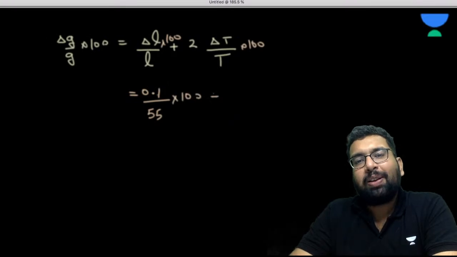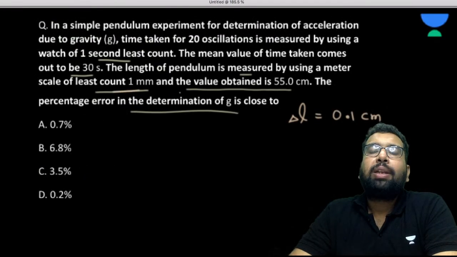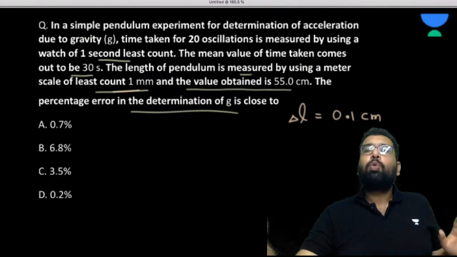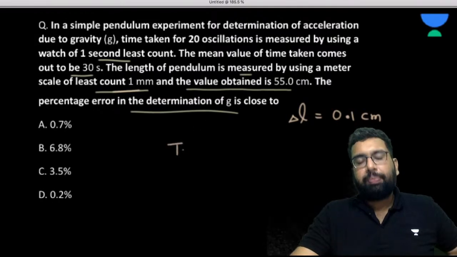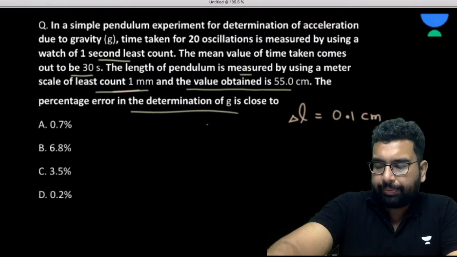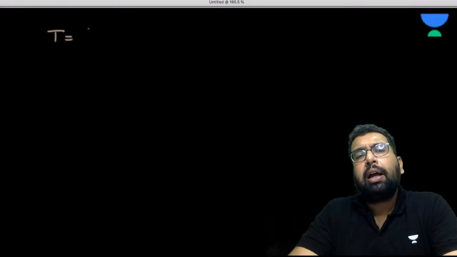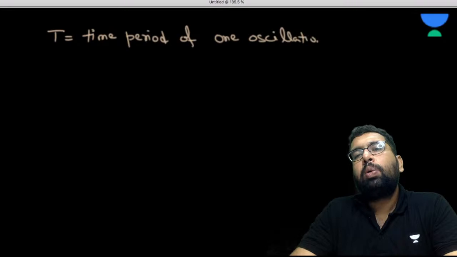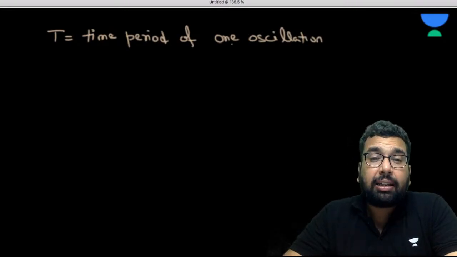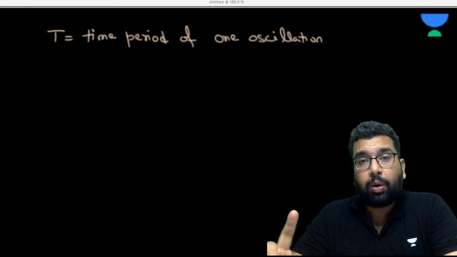Now the question is, what am I going to do for this delta T by T? Let's understand what delta T and T are. T is the time period, and please understand, this is very useful. T is the time period of one oscillation. When you see this chapter, you are going to see that T is the time period of one single oscillation.